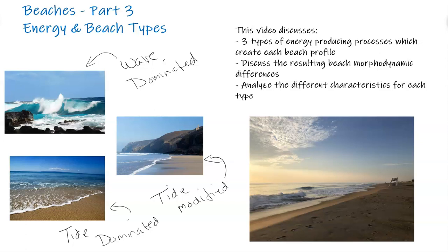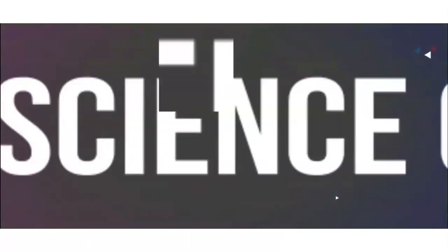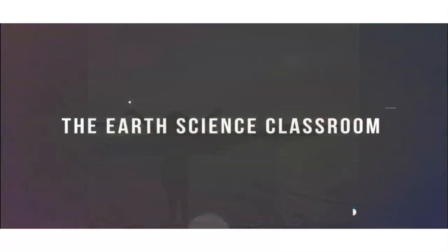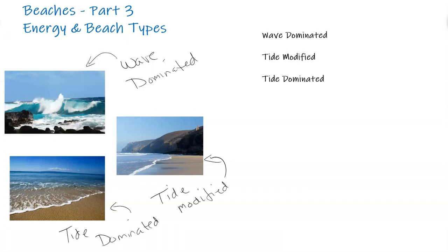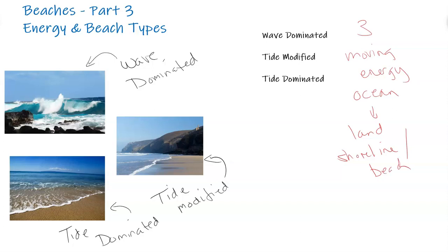Alright, so join me now. So take our 3 types. I'm going to call this the 3 types of moving energy. Moving the energy from the ocean onto the land, and obviously the shoreline, the beach, is the area of concern, and this is the interface where the energy is going to be dissipated.